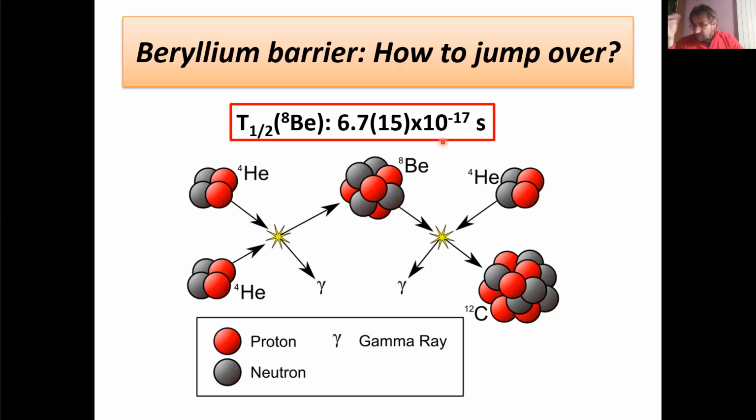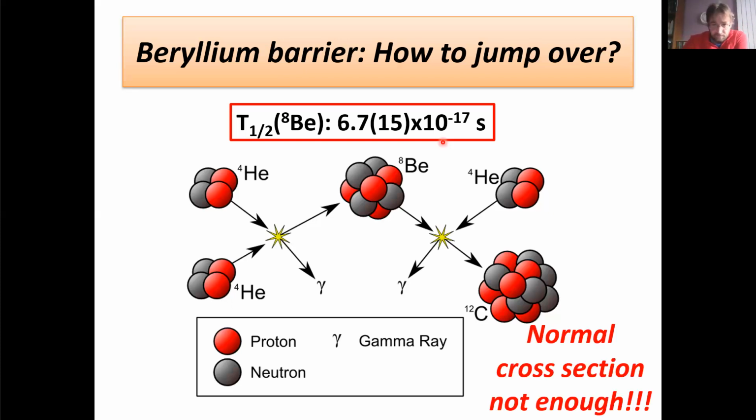In heavier stars, it's already, of course, going on. Obviously, we consist of carbon. Carbon must somehow be produced, and it is this process. But if we just look into the normal cross section, it's not enough.